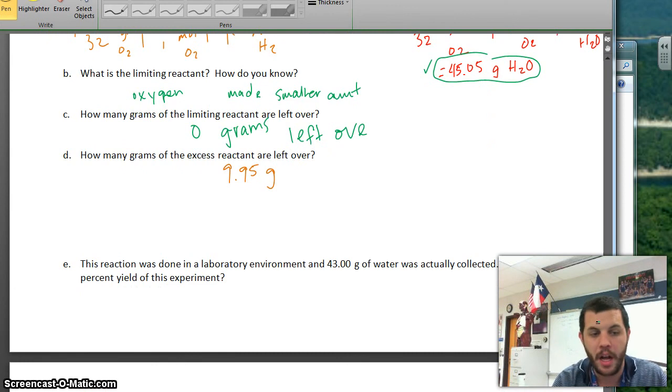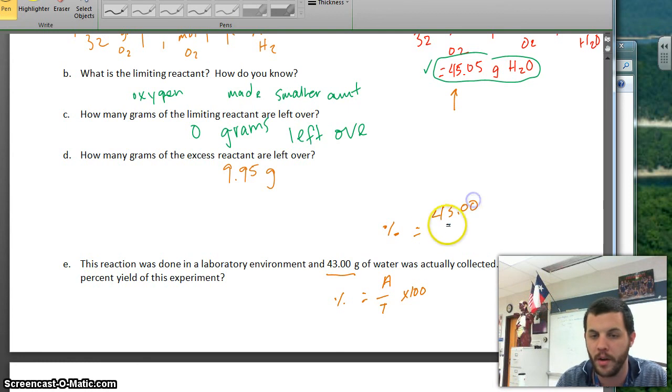I also want to know, it says the reaction was done in a laboratory environment. 43 grams of water were actually collected. What's the percent yield? Well, here is my theoretical yield. My actual yield is 43. So of course I just plug that into my percent yield formula where percent equals A over T times 100. Okay, so percent would equal 43.00 divided by 45.05 times 100.